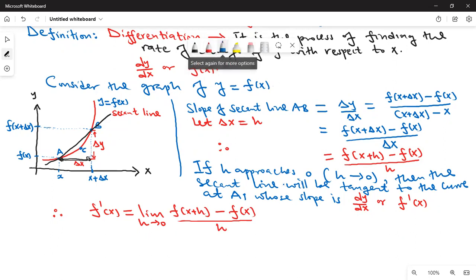Look at what we have found here. In fact, I'll bracket this. Very important. What we have found here is called the first principle of differentiation.